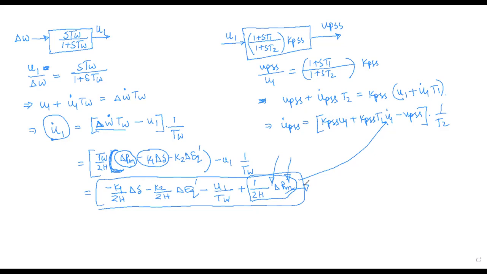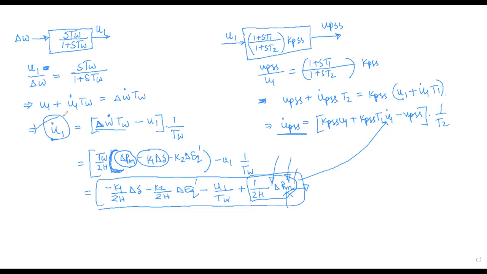But it is safe to keep all these variables to make the expressions generic, so that you can incorporate any value there. If it is 0, no problem, you can keep it 0. If it is non-zero, then you can incorporate the effect pretty easily in your system matrix. So this is how you can get the expression of UPSS dot.